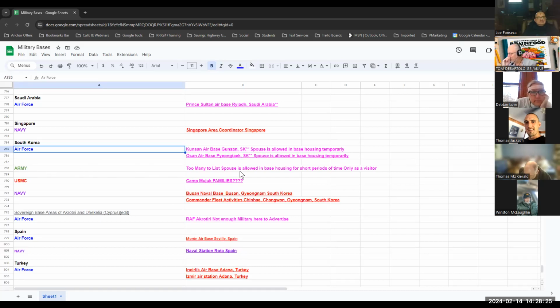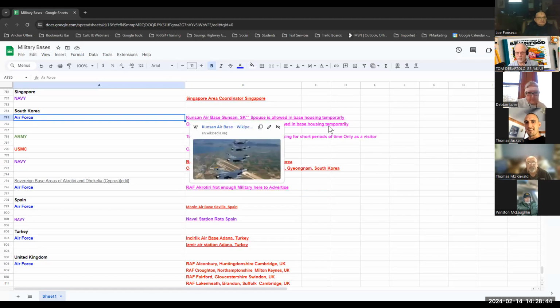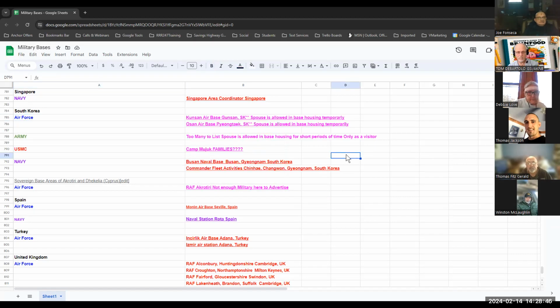In the Army, there's too many to list. Spouses are allowed in base housing for a short period of time only as a visitor. I guess there are reasons for that. So there's no reason to advertise a lot in South Korea.